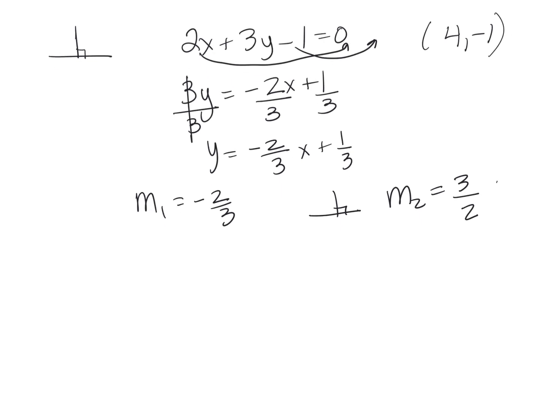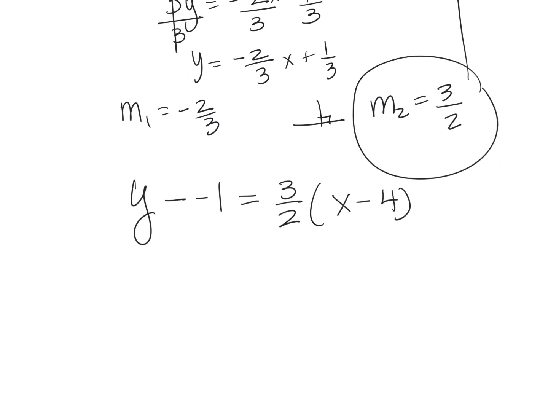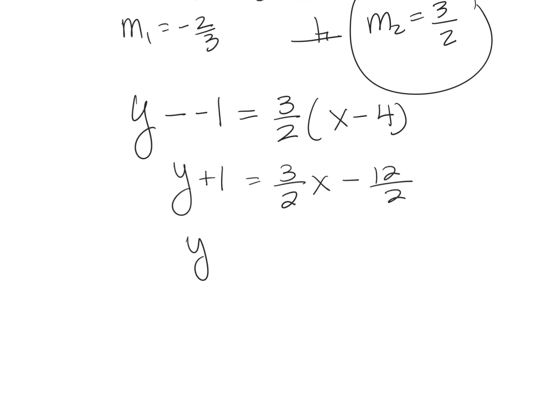Now I use this new slope with this point, and I say y minus my y point equals slope times x minus my x point. And I multiply this through. y plus 1 equals 3/2 x minus 12/2. y plus 1 equals 3/2 x minus 6, 12 divided by 2.